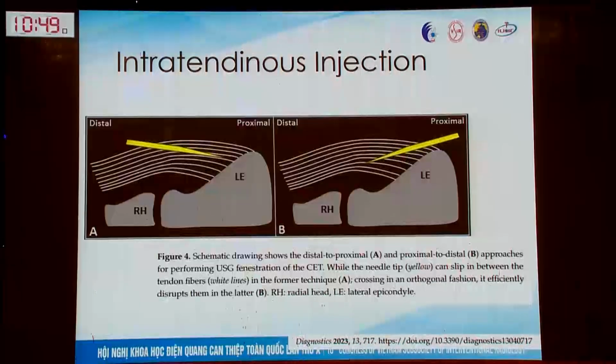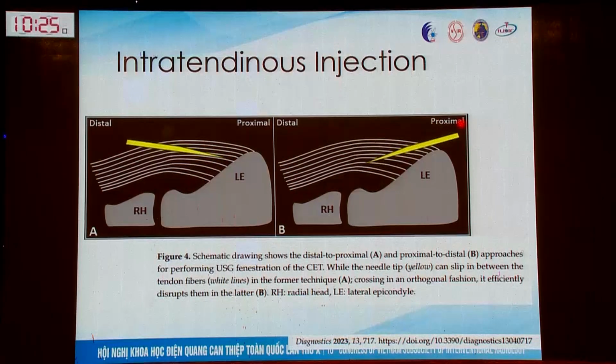So which one is more efficient, from distal to proximal or from proximal to distal? Some authors tell us that if you go from distal to proximal, you can cover less area than from proximal to distal.